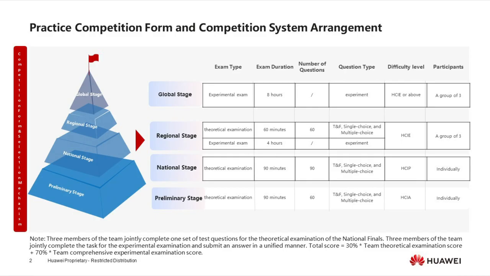There are 4 stages for our ICT competition. You will first get involved in the preliminary stage. Second, if you can pass this stage, you will enter the national stage. Further, students from different countries will gather together in a regional stage.